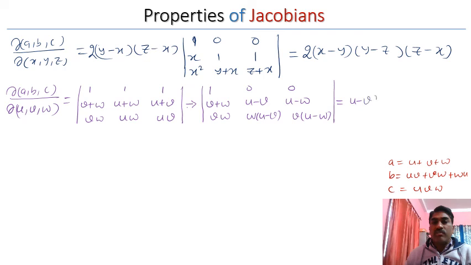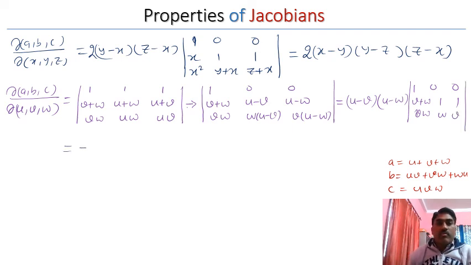So u minus v and u minus w, the rest determinant is 1 0 0, v plus w, 1 1, and vw, w, v. So this is now very easy to open, and finally you will get minus (u minus v)(v minus w)(w minus u).